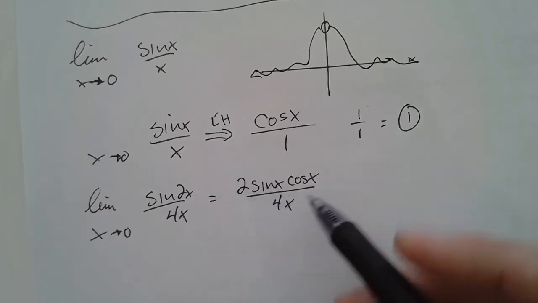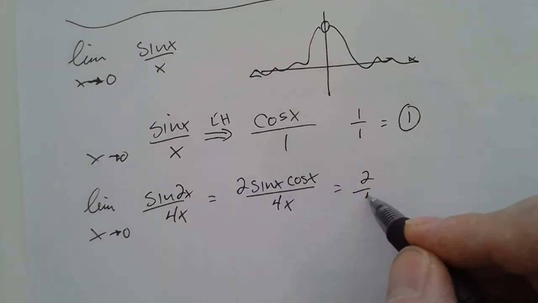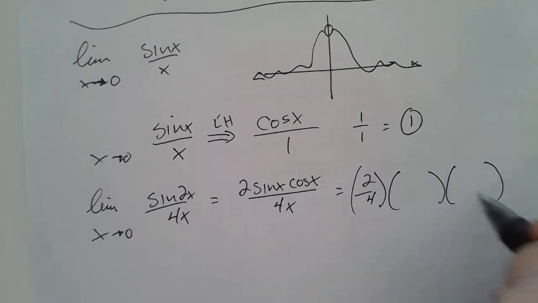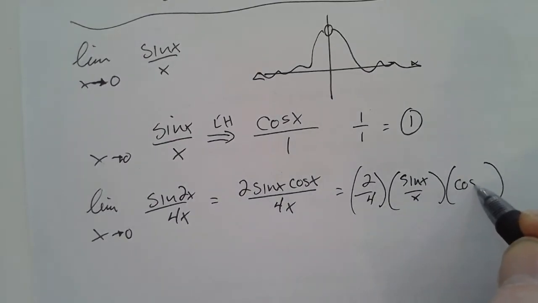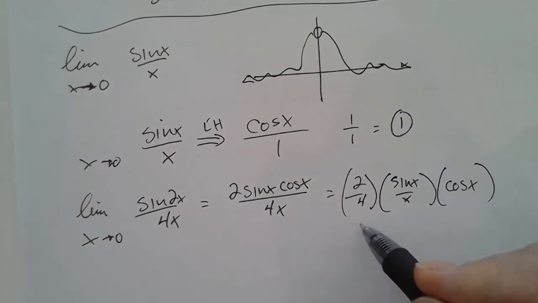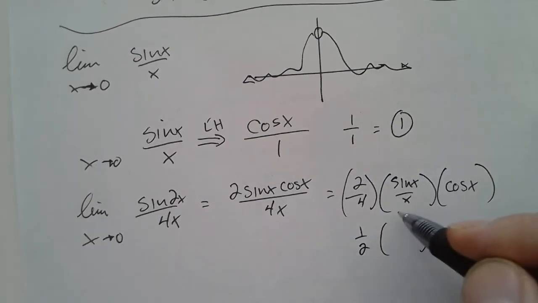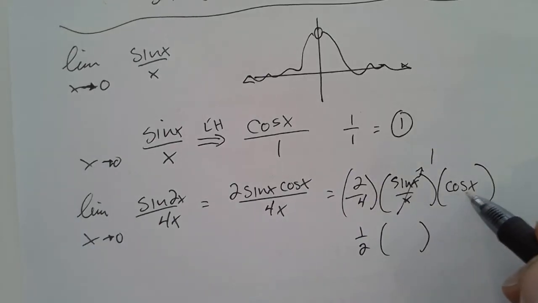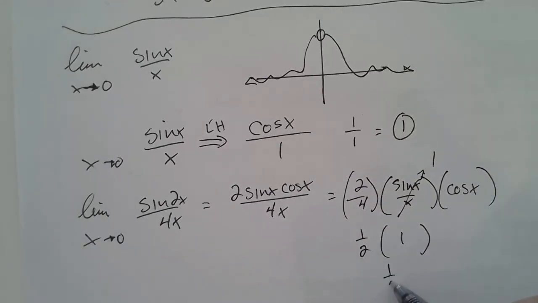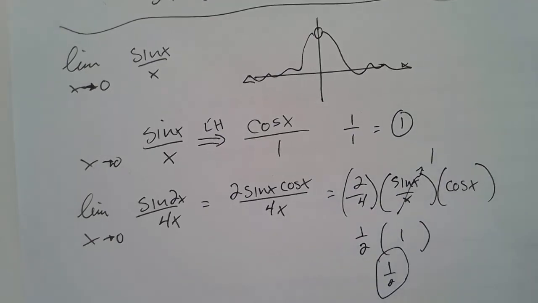Well, there's one right there. So that's the same as 2/4 times sine x over x times cosine x. Then we said that's 1/2. This we know is 1 as x goes to 0. Cosine of 0 is 1, so we end up getting 1/2. So that's the old way of doing it.